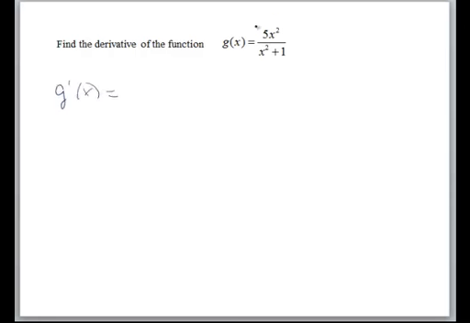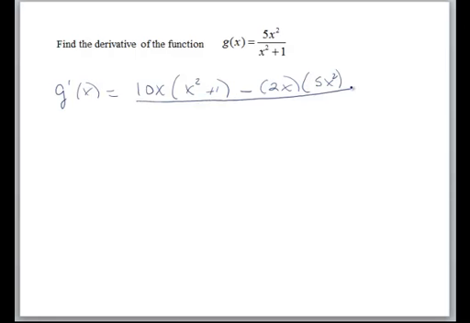So I'm going to take the derivative of the first, so the derivative of 5x squared, get 10x, times the second, so times x squared plus 1, minus, and now I take the derivative of the second, so the derivative of x squared plus 1 is, that's right, it's 2x, and then we're going to multiply this by whatever we have in the numerator, 5x squared. All of this over our denominator squared.